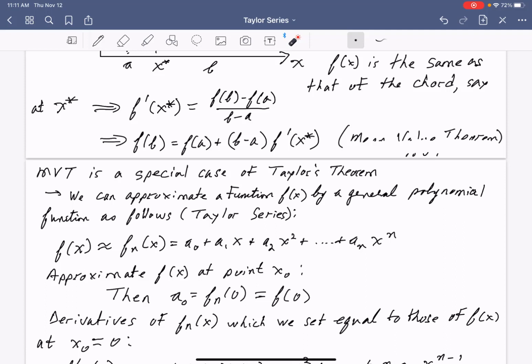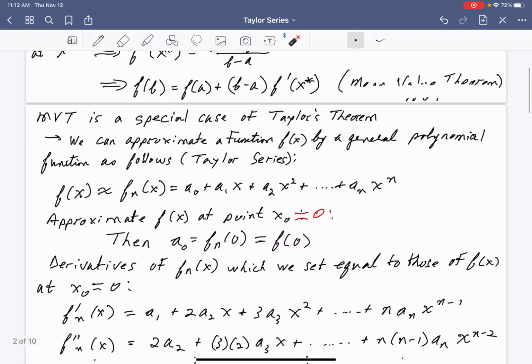So we can approximate f of x at point x0, where we have that x0 is equal to 0. Then we find that a0 is f subscript n of 0, which is equal to f of 0.